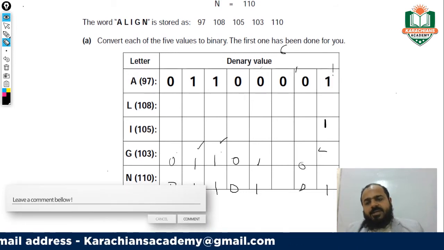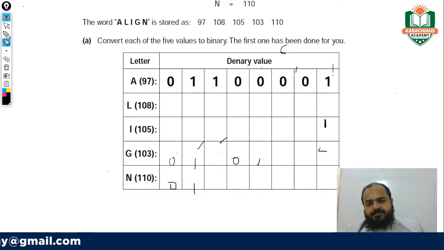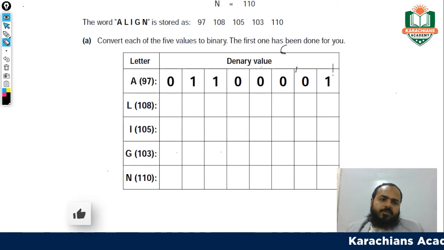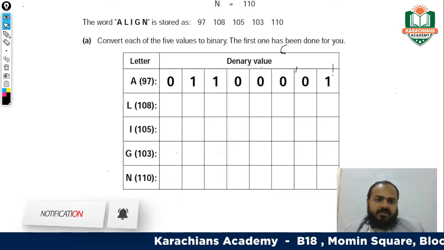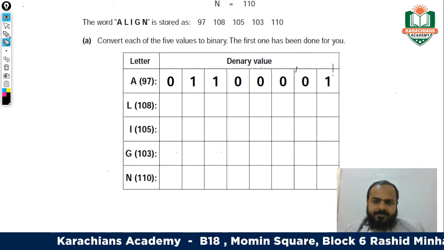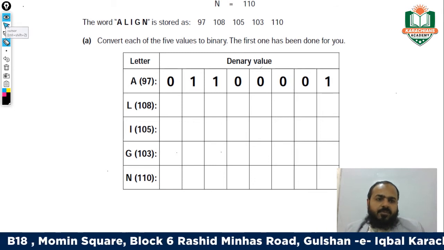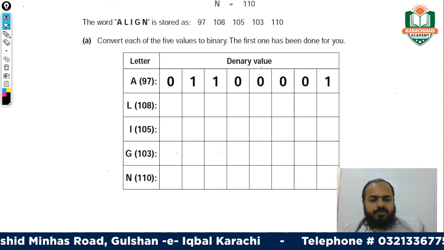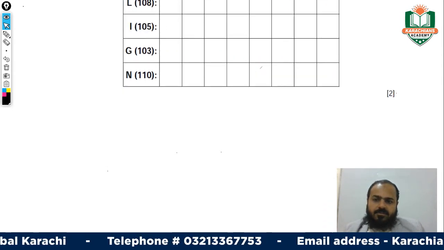So we are going for the next question now of the past paper. Okay. Now we go to the move tool. Press the escape button and use the eraser, and take the move tool. Now we are going to the next question.